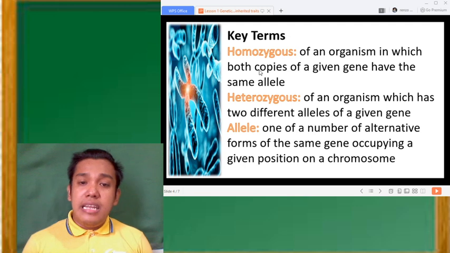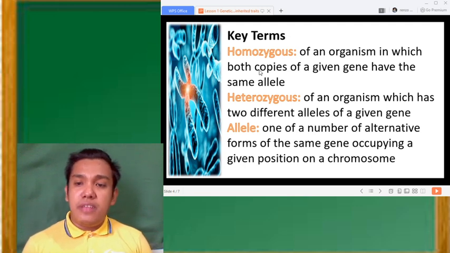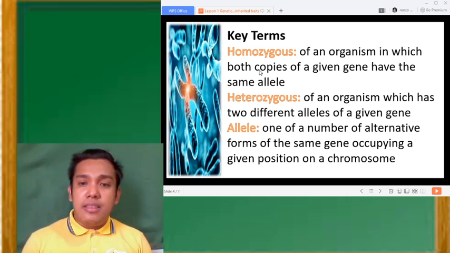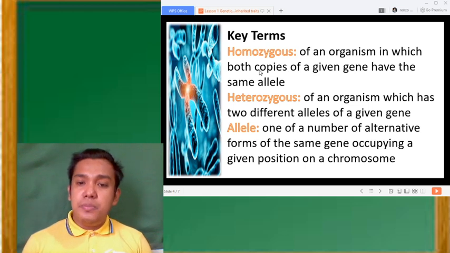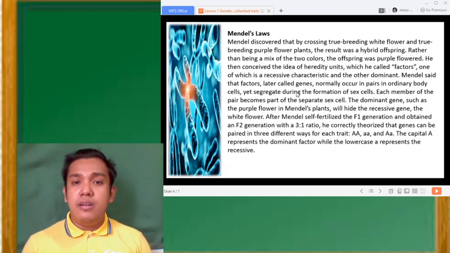The third one is allele, one of a number of alternative forms of the same gene occupying a given position on a chromosome. Remember, in homozygous, the given gene has the same allele. In heterozygous, two different alleles of the given gene. Alleles are forms of the same gene occupying a given position on the chromosome.